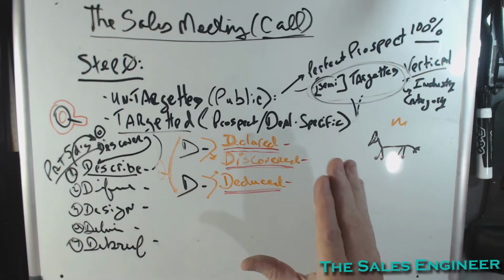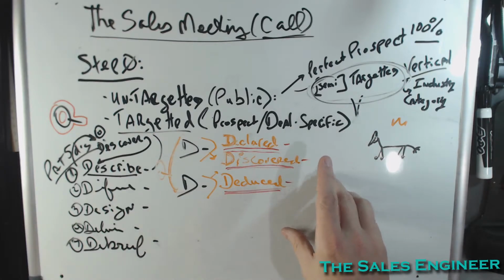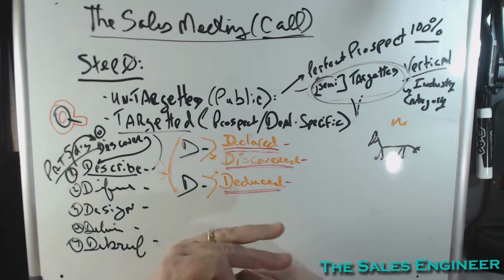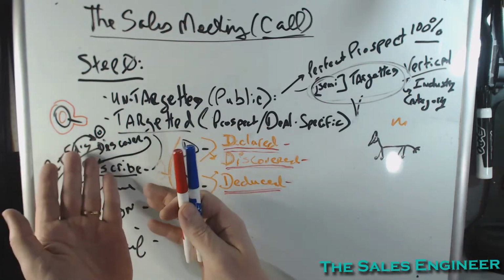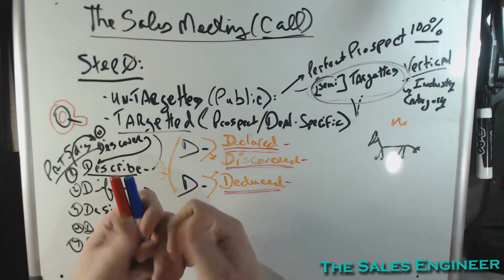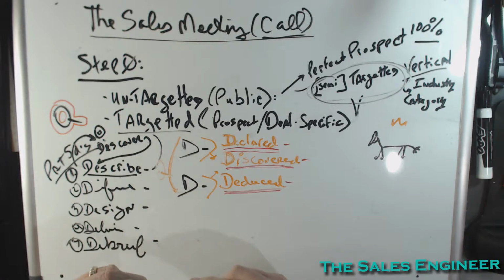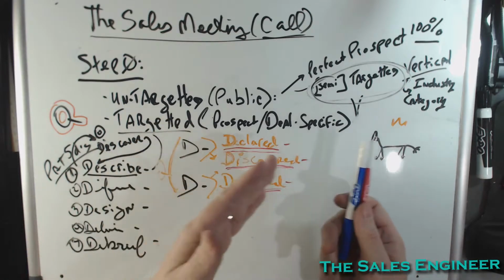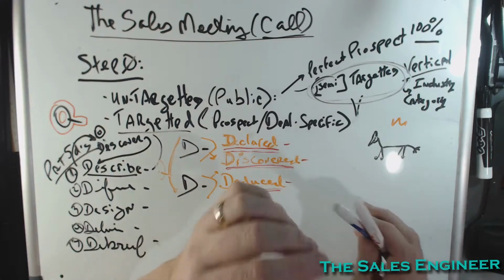The reps will walk in thinking they're going to control the meeting. They will immediately say, and here's my sales engineer. And they go back in the corner and look at the text, the sports scores and whatever. We have to be very good at not giving control overtly.